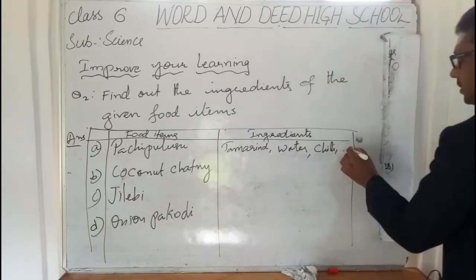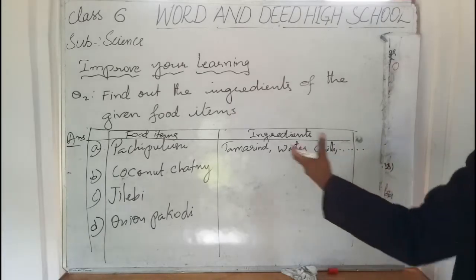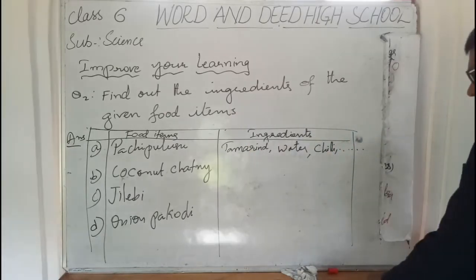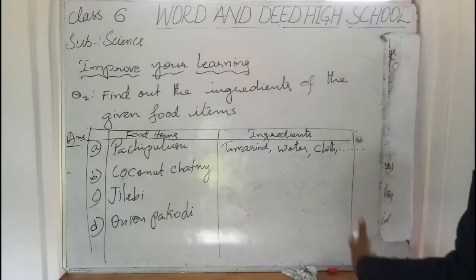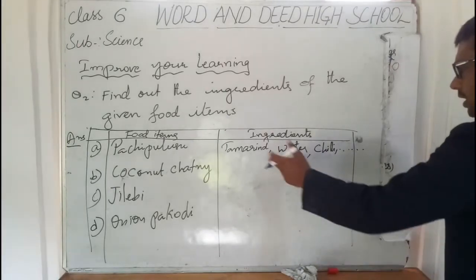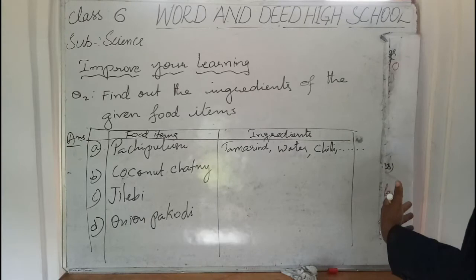You just mention the names of the ingredients like this. I am not writing all the ingredients required to prepare this food item. I am just teaching you what the ingredients needed are and how you have to write. Okay, tamarind and water, chilli powder and salt and other ingredients.